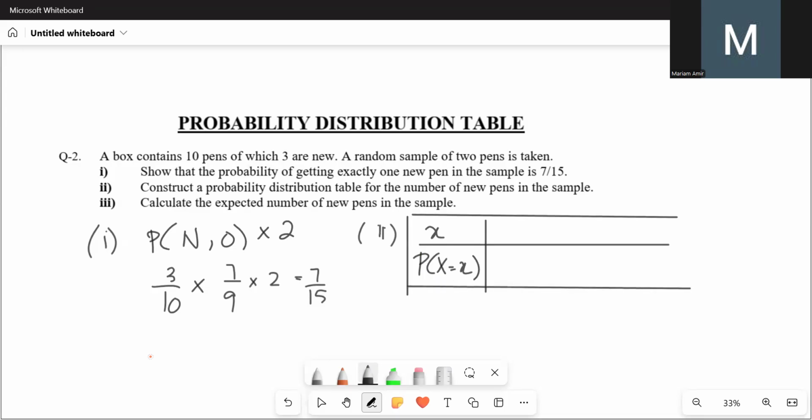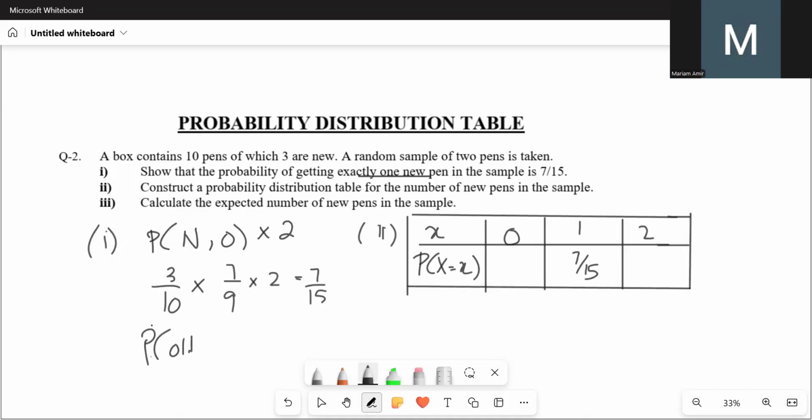So we may have no new pens, or 1 new pen, or 2 new pens selected. Since 2 pens are being selected, we can't have more than 2 new pens. Okay, we've already found the probability of getting exactly 1 new pen. That's 7 by 15. Now let's find the probability of getting 0 new pens.